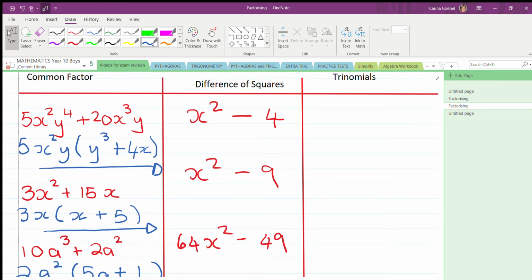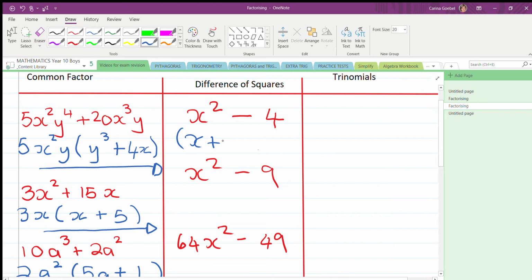So they are quadratics because of the square, and that means we will have a double bracket. Sorry, my mistake, I'll just start again.